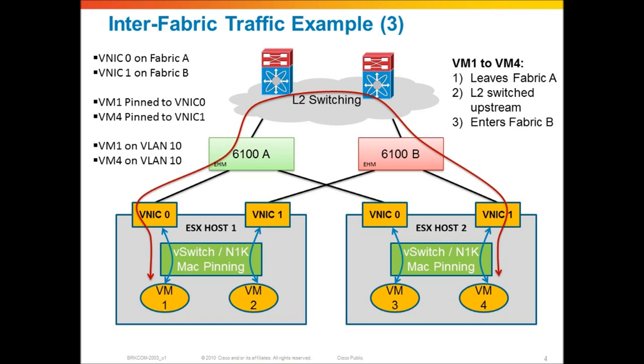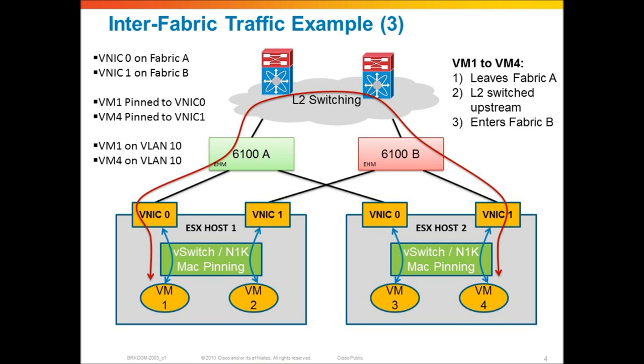So fabric A will need to send that flow up to the upstream layer 2 switch environment, which could be a Nexus 7000 or Nexus 5000 or whatever layer 2 switch is upstream, and that flow will be sent back down into fabric B to be received by ESX host number 2 on VNIC 1 and down to VM4.